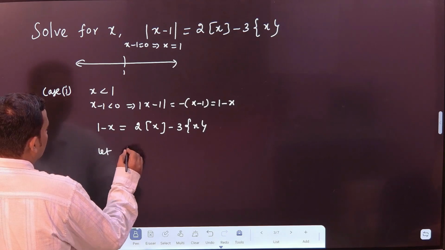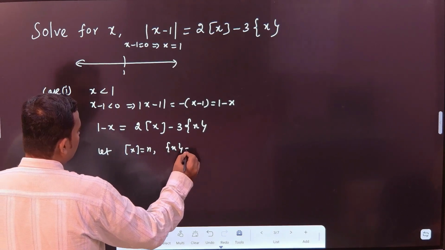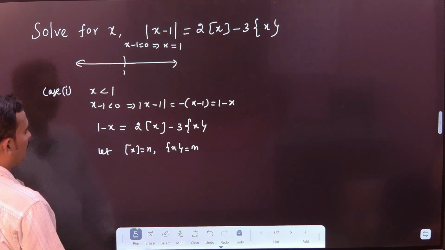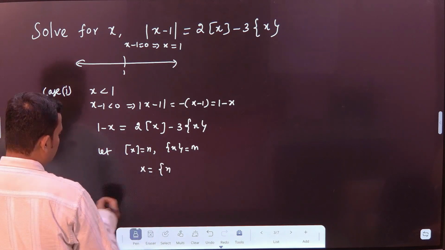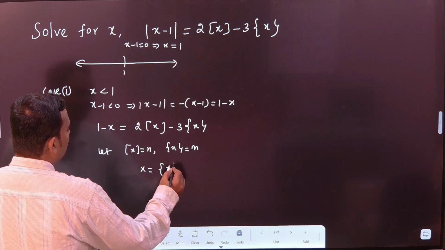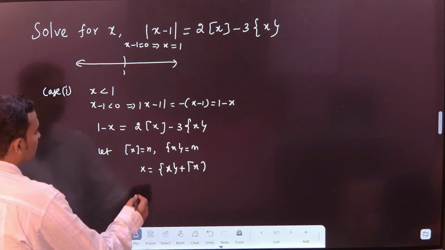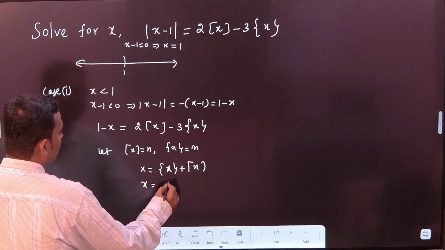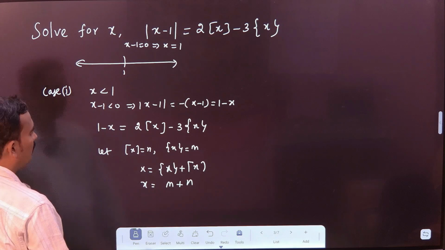Let us take greatest integer function as n, fractional part function as m. Okay, now you can solve this one quickly. But you know that x is equal to fractional part function plus the greatest integer function, right? Therefore, x is equal to m plus n.